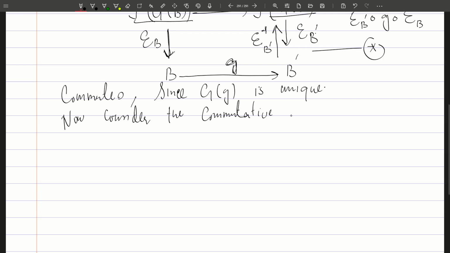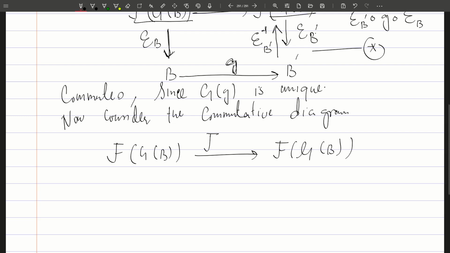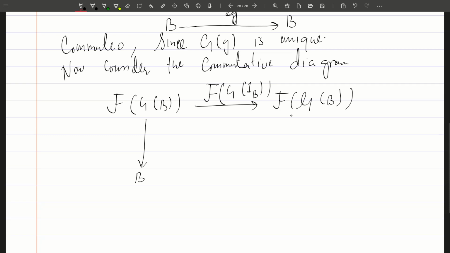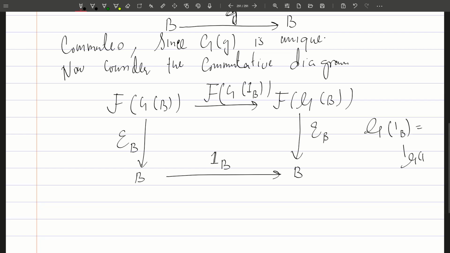We go from F of G of B to F of G of B, and this is the morphism F of G of identity on B, because between B and B we had the map identity on B. Now from F of G of B to B we had the isomorphism epsilon sub B, and likewise on the other side, and between B and B we had the identity map 1 sub B. So we had to prove that G of 1 sub B is the same as 1 sub G of B. This is what we had to prove.